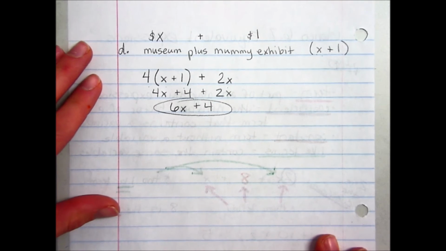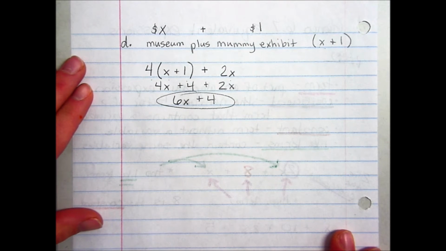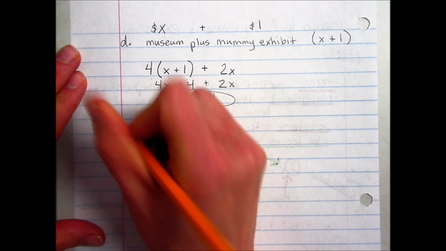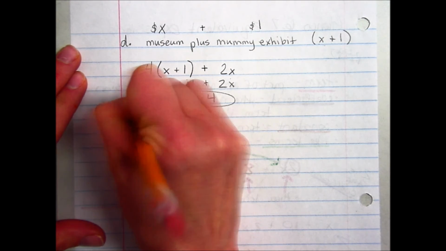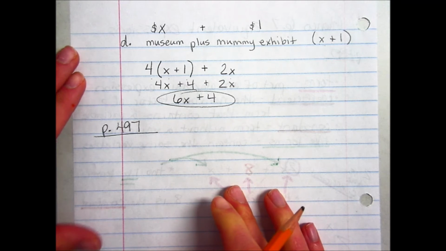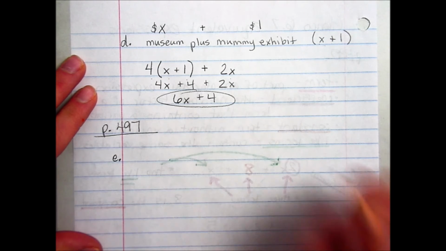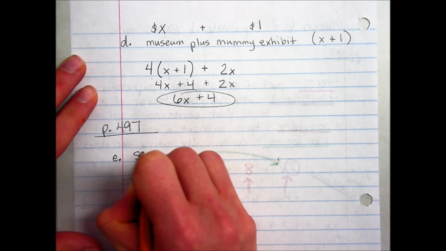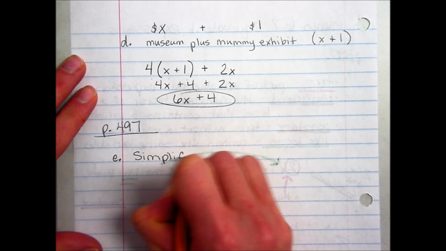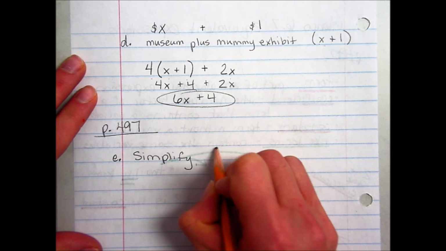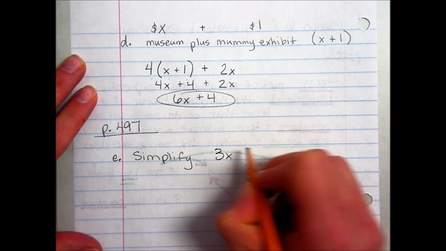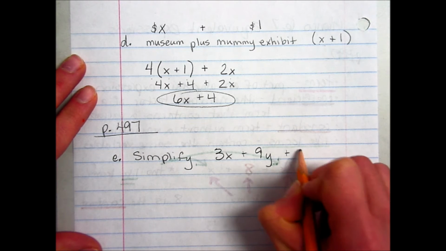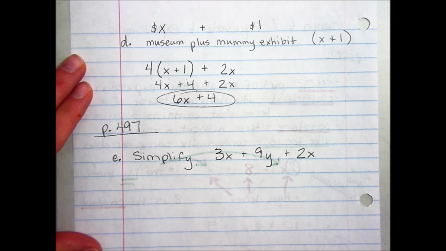All right, we're going to practice simplifying a few more, and then you'll be able to practice on your own. So over on page 497, problem E asks us to simplify 3X plus 9Y plus 2X.